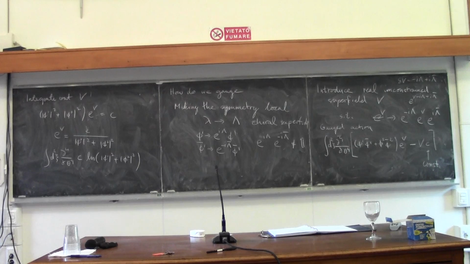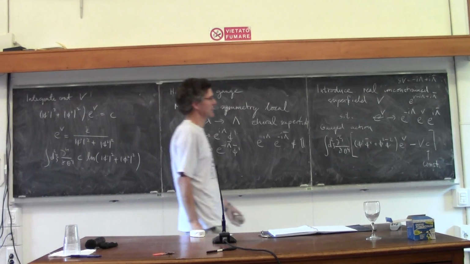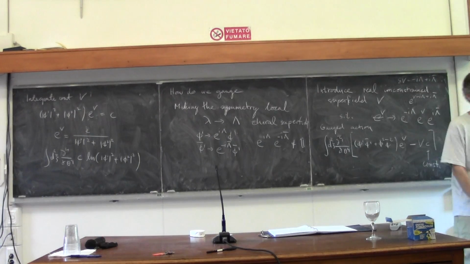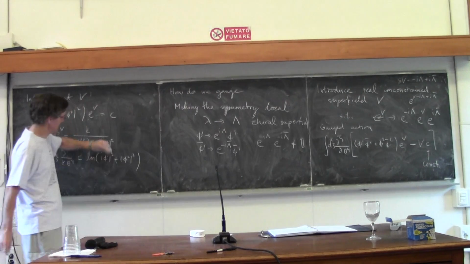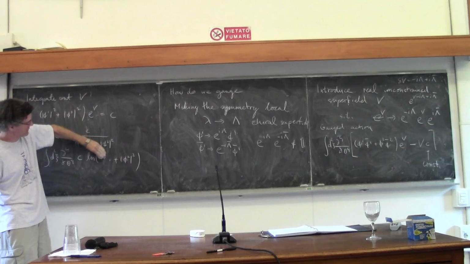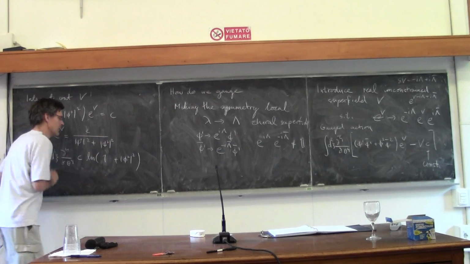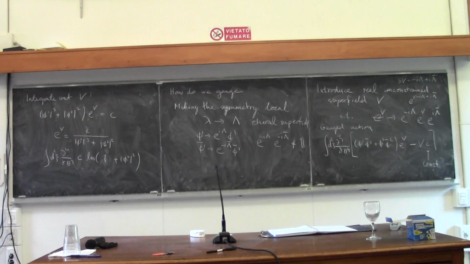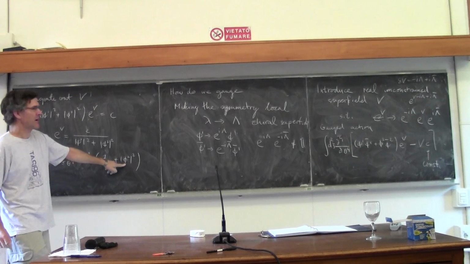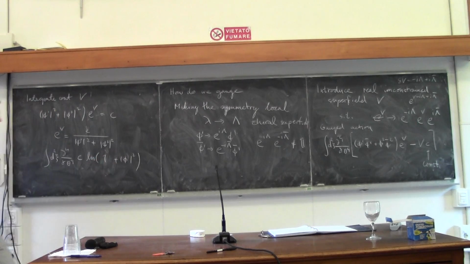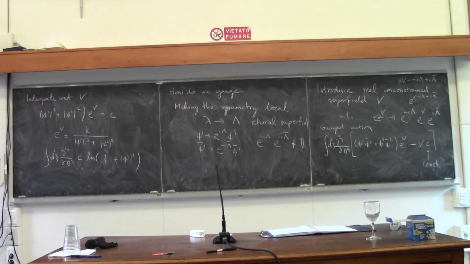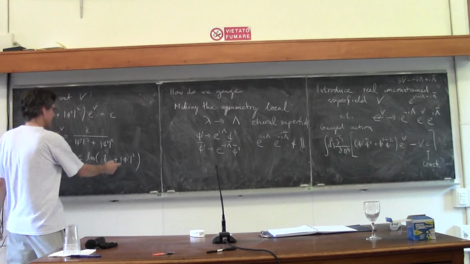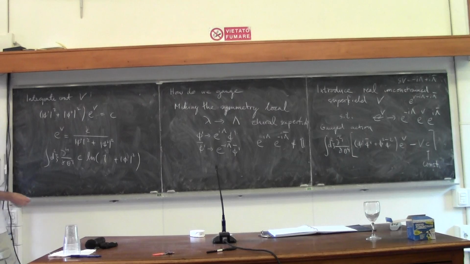And you can now use that the action is gauge invariant, that is, invariant under these transformations, to gauge away one of the fields. So you get a model which depends only on one chiral field. Let's call it just phi. Instead of two, you lose one complex dimension of your target space manifold. There's only one coordinate now.